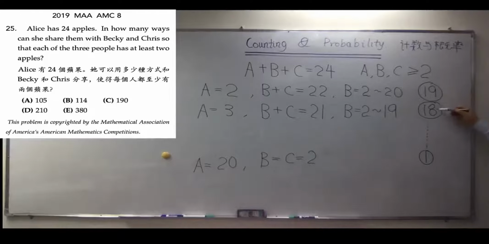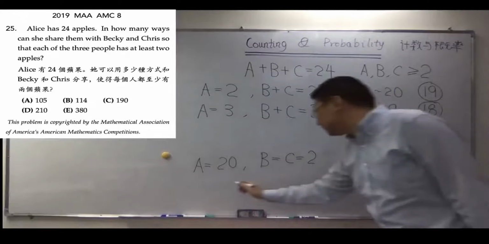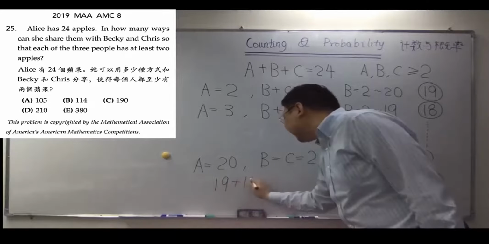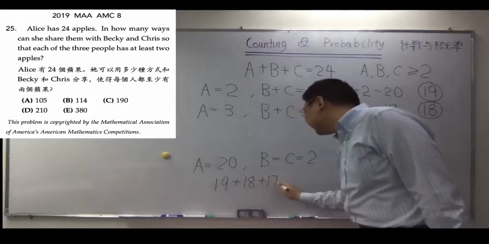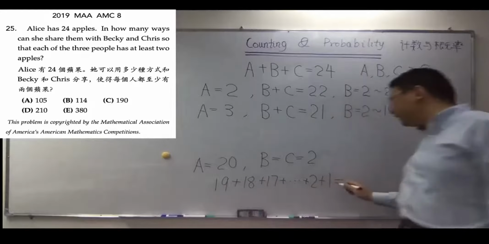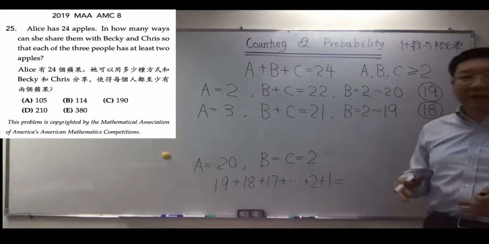So from 19 to 18 down to 1: 19 plus 18 plus 17 plus dot dot dot plus 2 plus 1. Obviously, that is an arithmetic sequence.